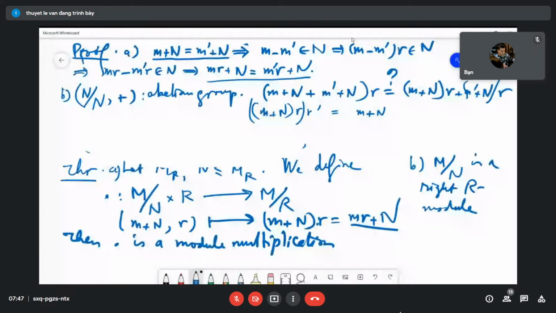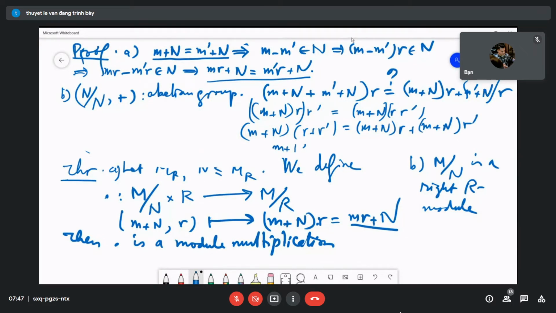And then (M+N)R R' is equal to (M+N)(RR'). And the last one is (M+N) tied with 1 is equal to M+N.